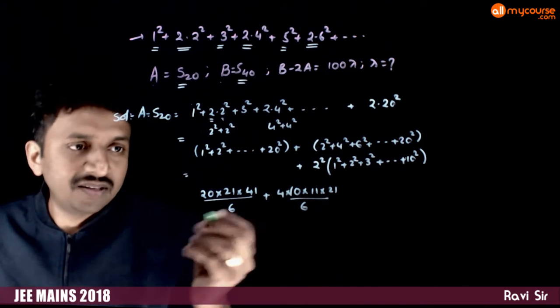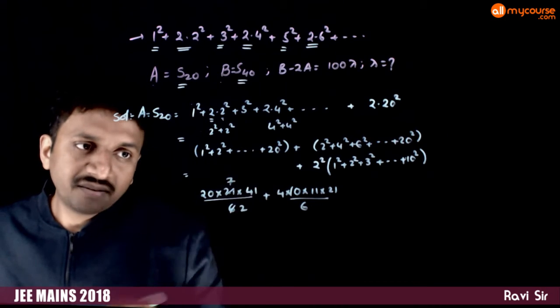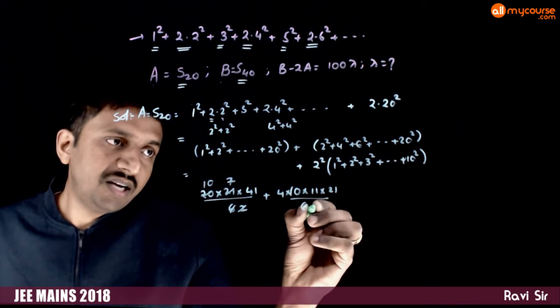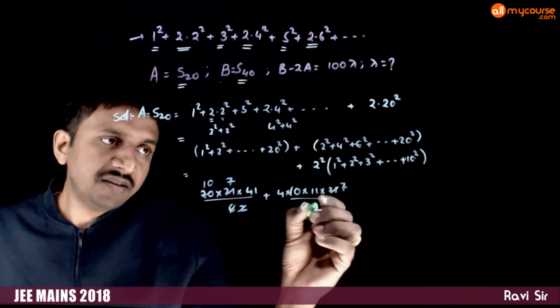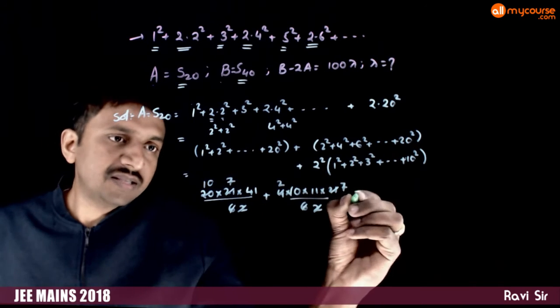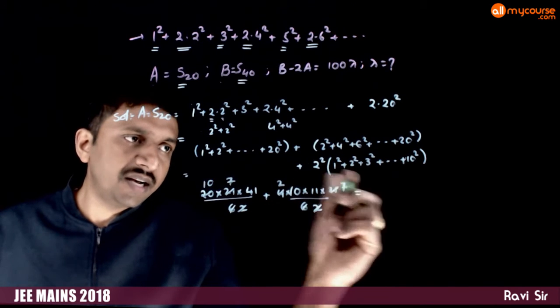This is my A. Now 3 2s are 6, 3 7s are 21, 10s, and you have a 7 and 10 common.